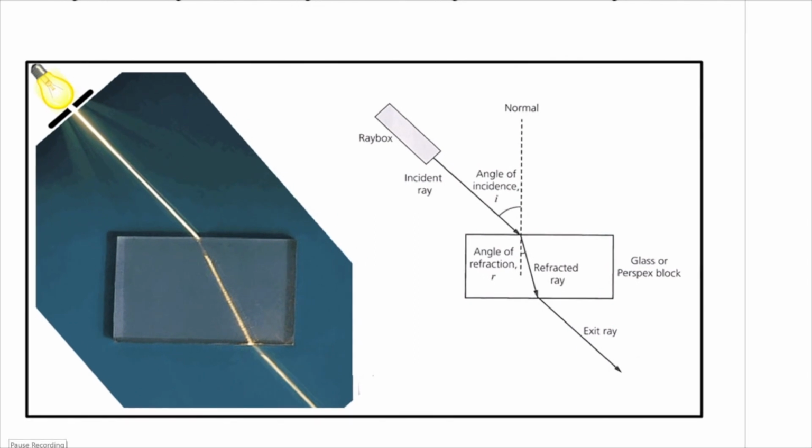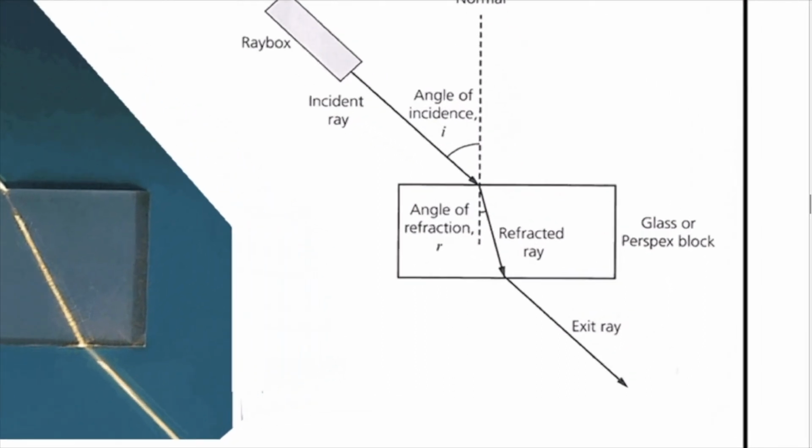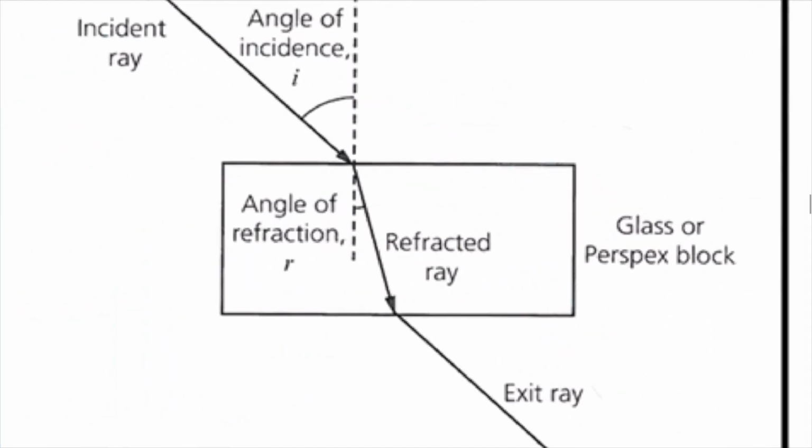What you need to remember is that when the light goes from the air into glass here, it bends towards the normal, and here it bends away from the normal. There isn't a normal drawn on there, so I'll add one in.